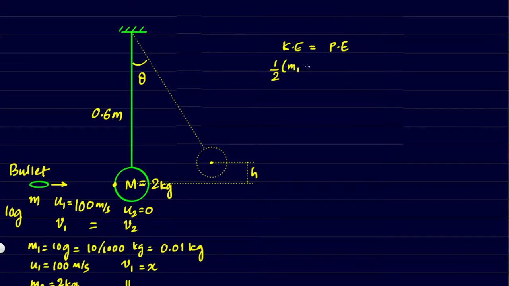The mass is the total mass of both the bullet and the bob, and we have to multiply with the final velocity squared. And potential energy is m g h, m again being the combined mass of both the bob and the bullet, and g h is what we are interested to find. m1 plus m2 gets cancelled on both sides, and we get the h value as equal to x squared divided by 2g.